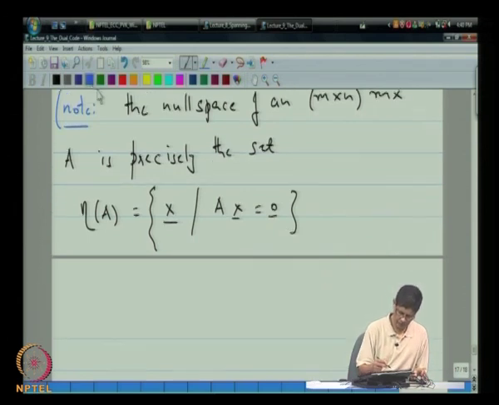Okay. So, this is notation for the null space.